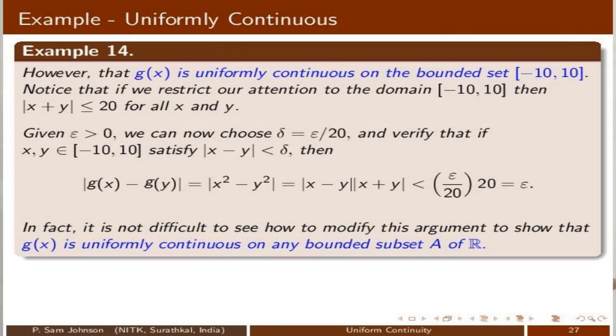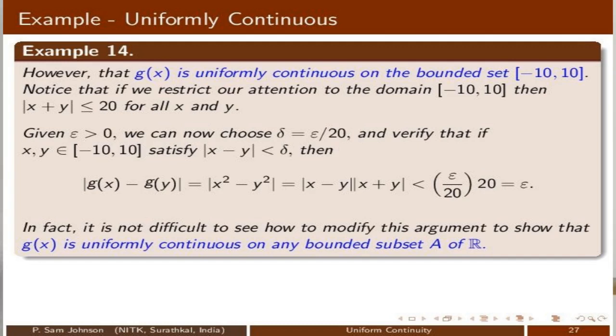But if you are taking a bounded subset of R, say for example minus 10 to 10, then we can find a bound for x plus y, which is less than or equal to 20 for all x, y. Therefore, this delta is depending only on epsilon.